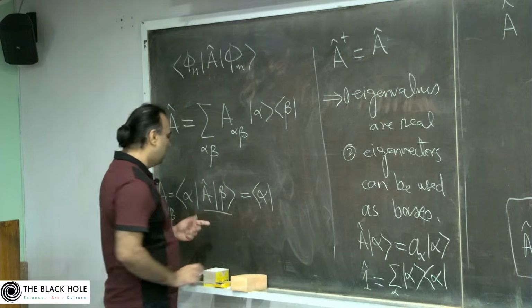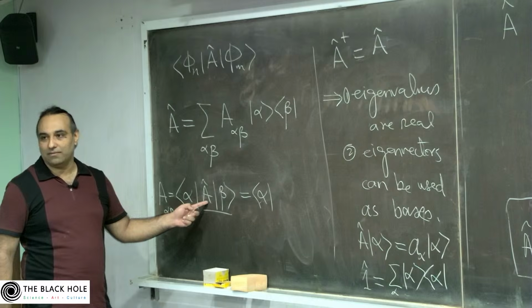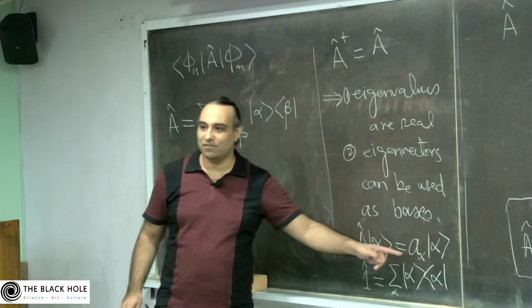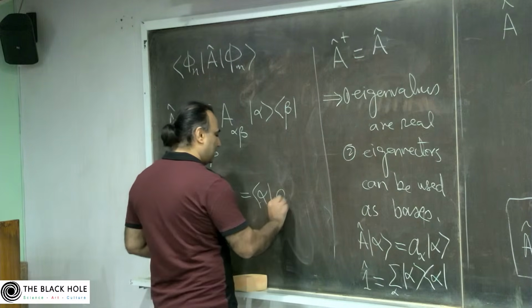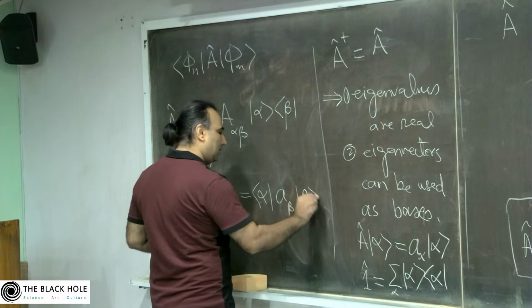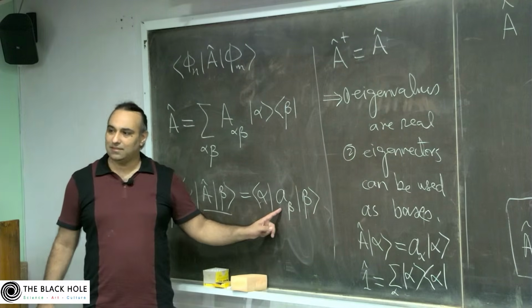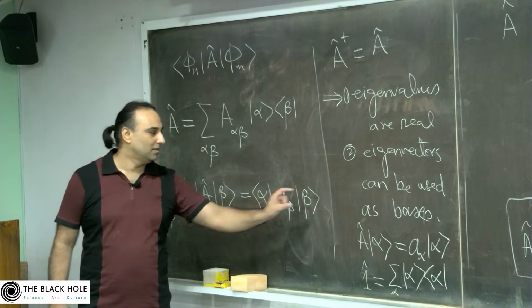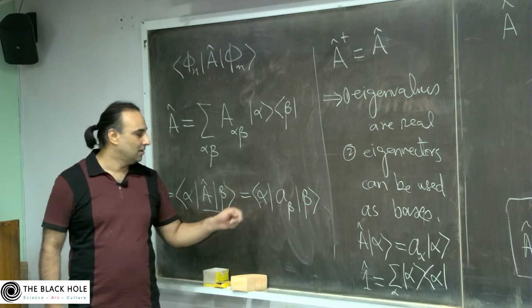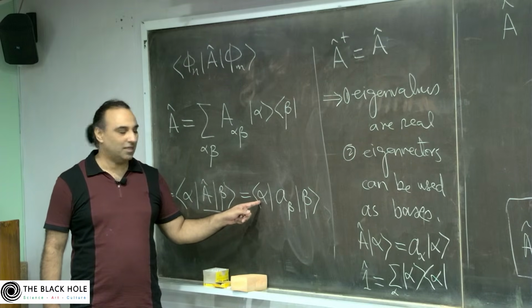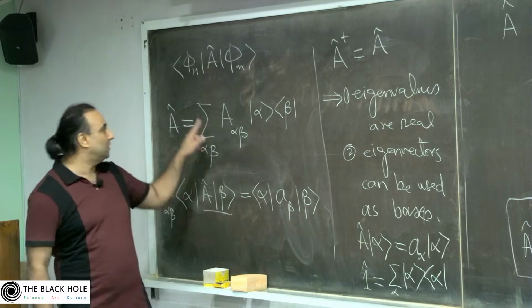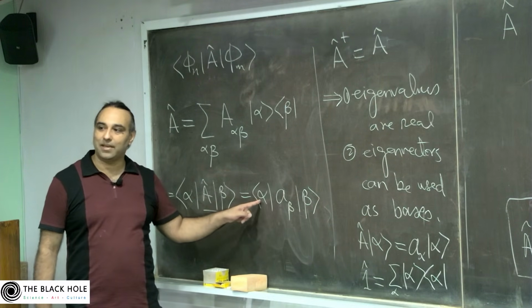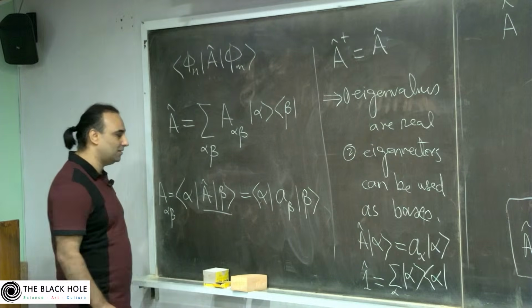So if these states are eigenstates, then we will get beta again, but with some number, which we will call A beta. Okay, so it's like A beta and beta. Now this A beta is just a number, so we can take it out of this inner product. It doesn't matter if we multiply it here or here. If we multiply it here, we might need its complex conjugate, but if the operators are Hermitian, then these numbers are real, and we can even multiply it inside the dual, alpha.